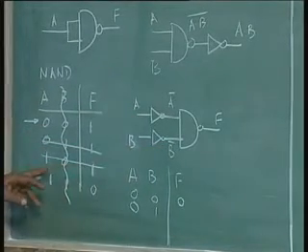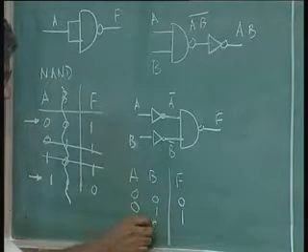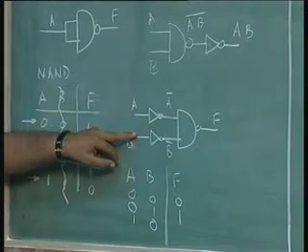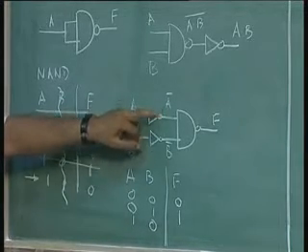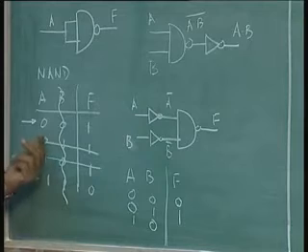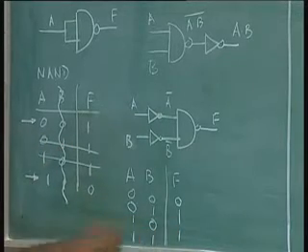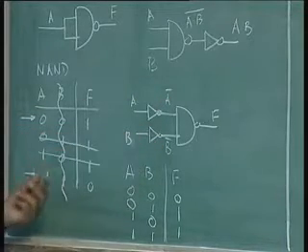Put A equal to 1, B equal to 0, A bar is 0, this is 1, 0 1 input, output is 1. When you give A equal to 1 and B equal to 1, this becomes 0 0. When I get 0 0 to the NAND gate, the output is a 1.